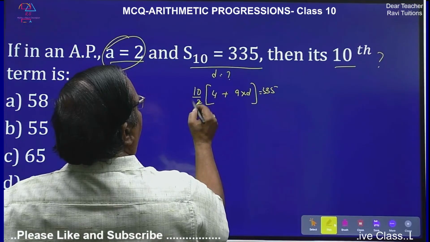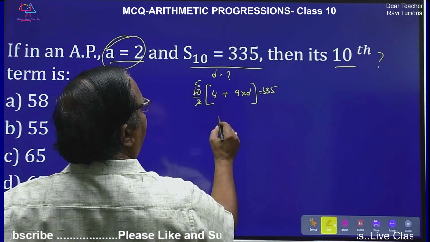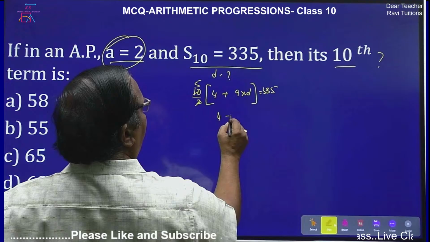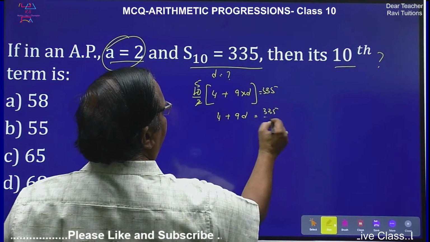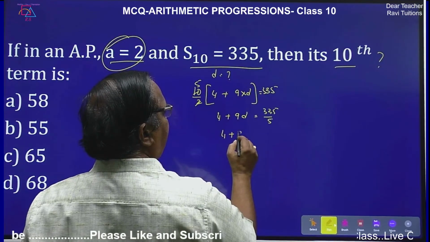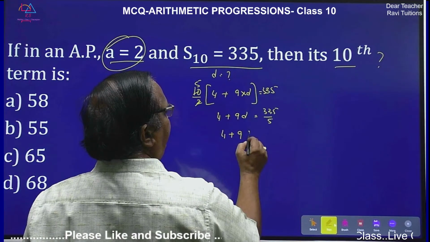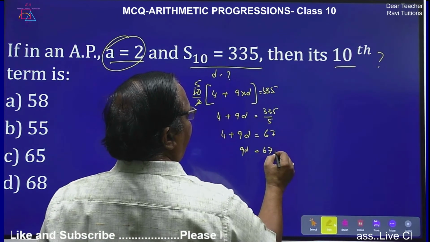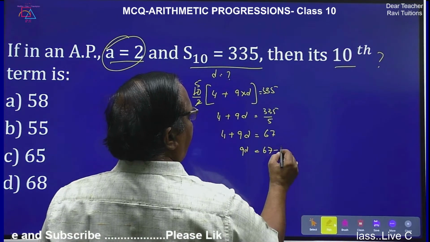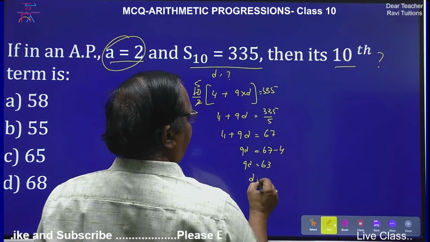So 5 goes to that side, 4 plus 9d is equal to 335 by 5, so 4 plus 9d is equal to 67. 9d is equal to 67 minus 4, 63. So d is equal to 7.